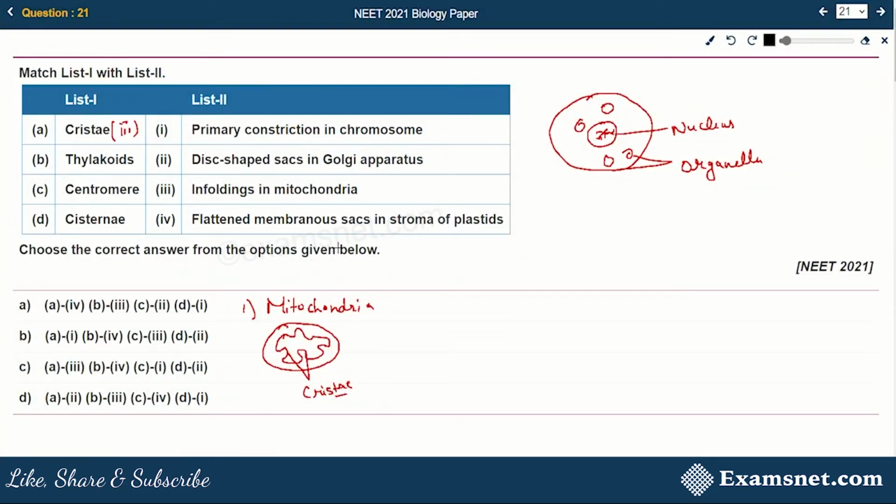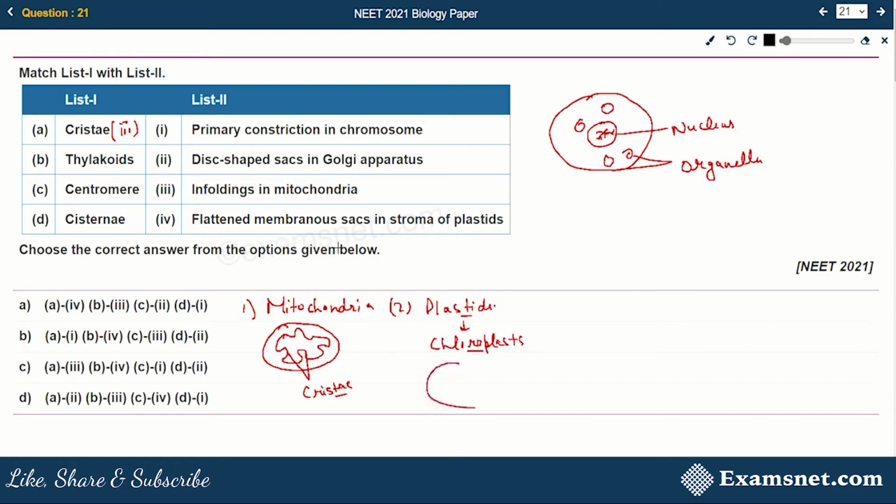Now, another important organelle that is found specifically in plants and euglenoids are plastids. These are responsible for giving specific colors to the plant cells, and one of the most common examples of plastids is chloroplast, which gives green color to the plants.